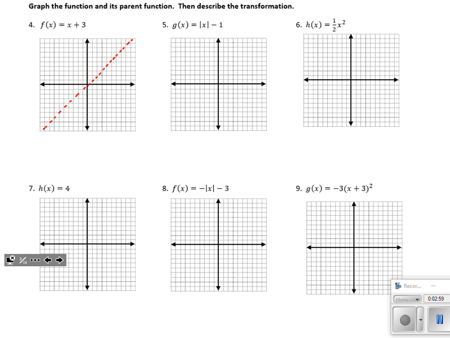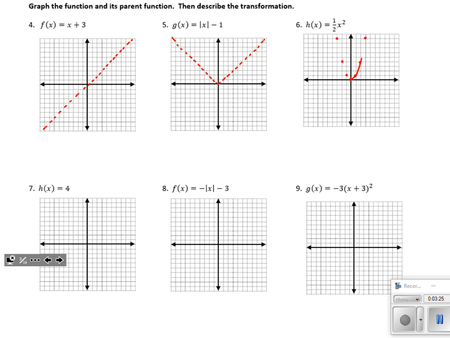For number 5 here, I've got the absolute value function, that V-shaped graph starting at the origin and going up and to the right with a slope of 1 and a slope of -1 off to the left. Number 6, I've got a parabola. And we talked about the pattern that parabolas show.